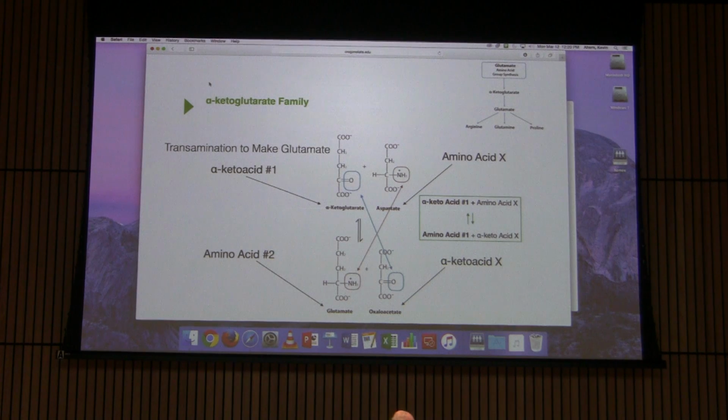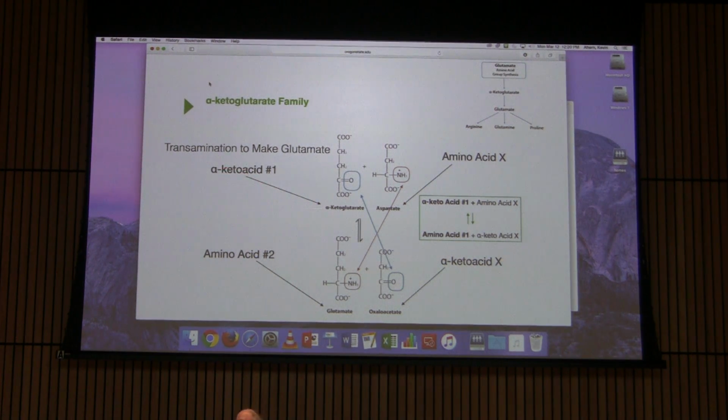So what is transamination? Well, again, as the name tells you, trans meaning movement, amination meaning relating to amines. So we have movement of amines, and this figure illustrates what happens in a transamination reaction.